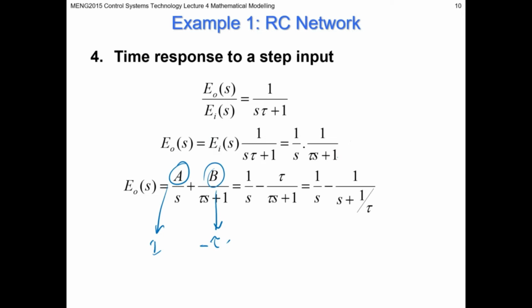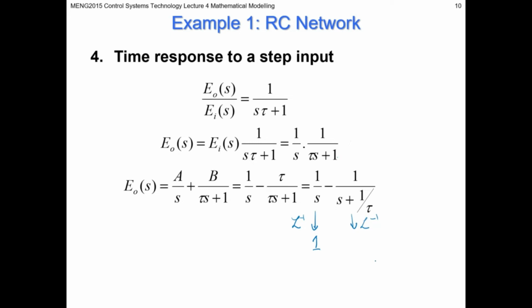Right, and you could prove that very easily by just equating the terms as usual. We could divide top and bottom of this by tau, right? So that's how we get this final expression here. The output in the S domain is going to be 1 upon S minus 1 over S plus 1 upon tau. Right, now we do the inverse Laplace. The inverse Laplace of 1 upon S is just going to give us 1.